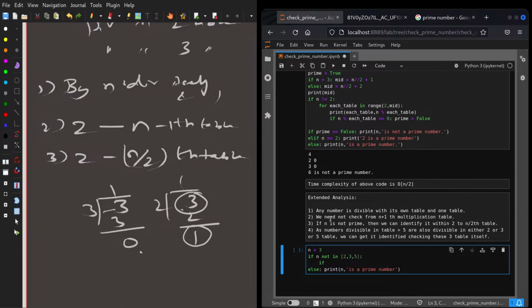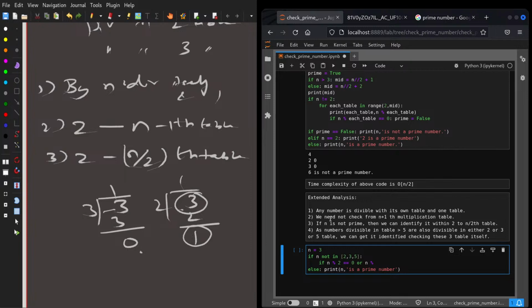In this case, if n mod 2 equal to 0, or n mod 3 equal to 0, or n mod 5 equal to 0. If the given n is divisible by any of these three tables, 2, 3 and 5, then that is not a prime number.